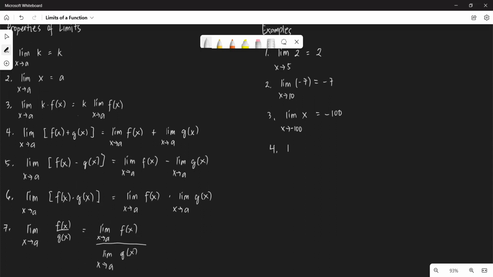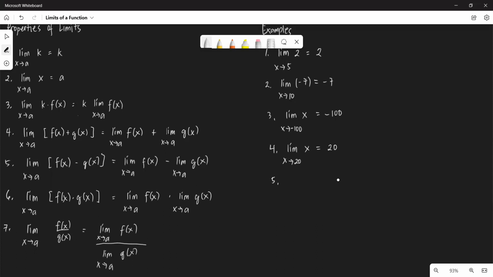So another example, again, make sure that there are no coefficients or no powers for the variable x. It's really just x. Okay, and then let's say we have a as 20. So as x approaches 20, the limit therefore is 20.